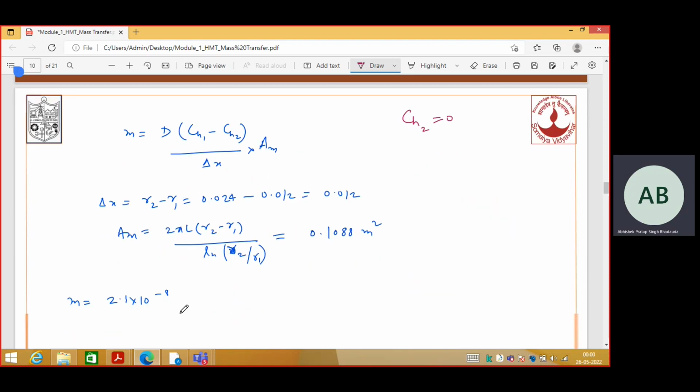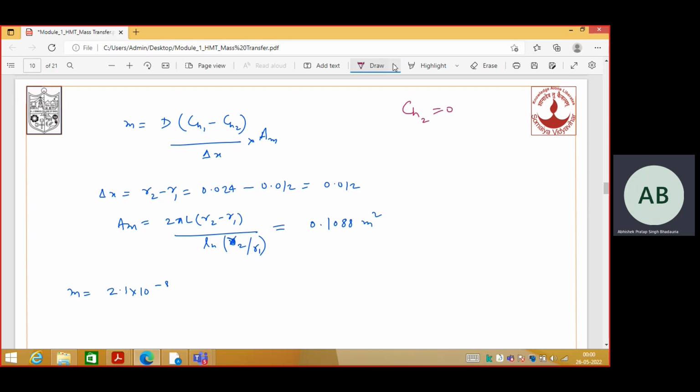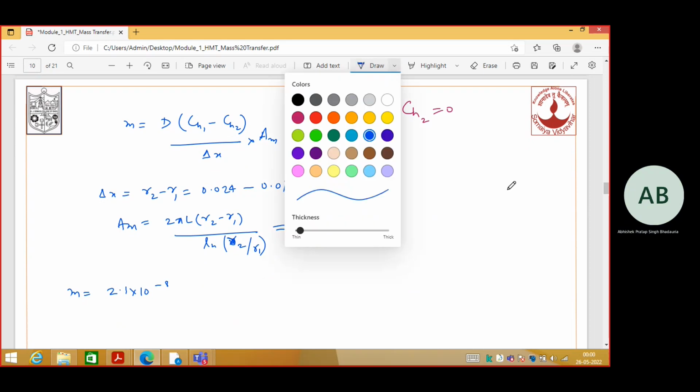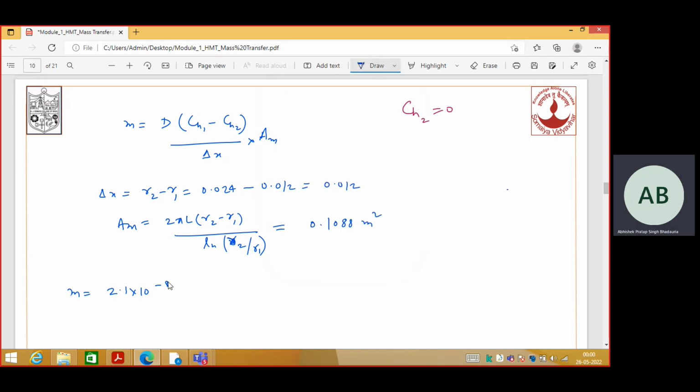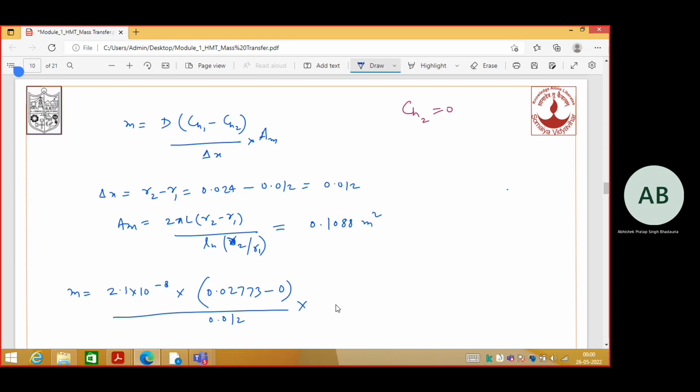So M is equal to the D value, 2.1 into 10 power minus 8, times CH1, that is 0.02773 minus 0, divided by delta X, that is 0.012, into area, that is 0.1088.